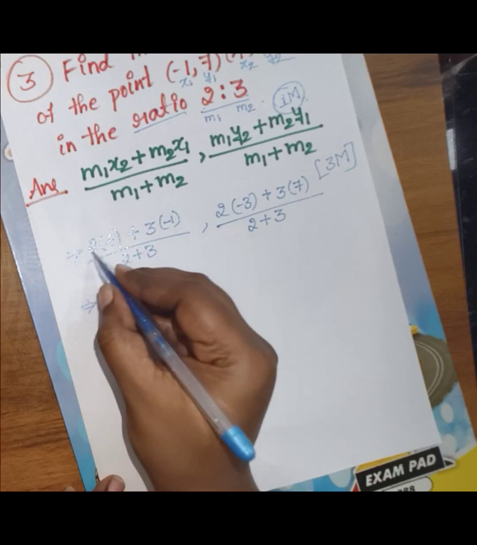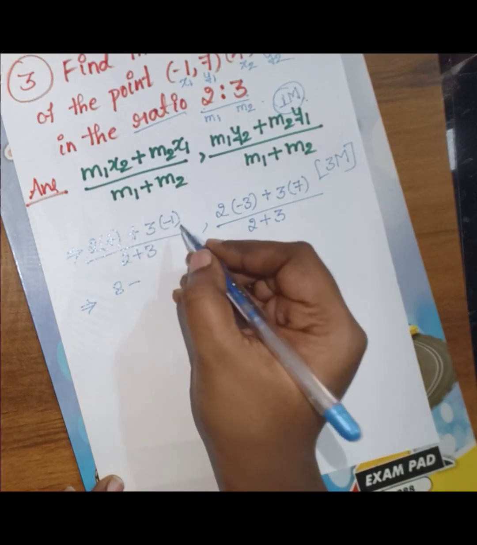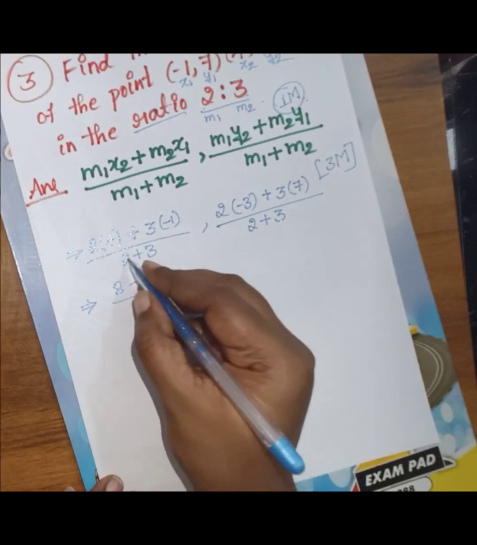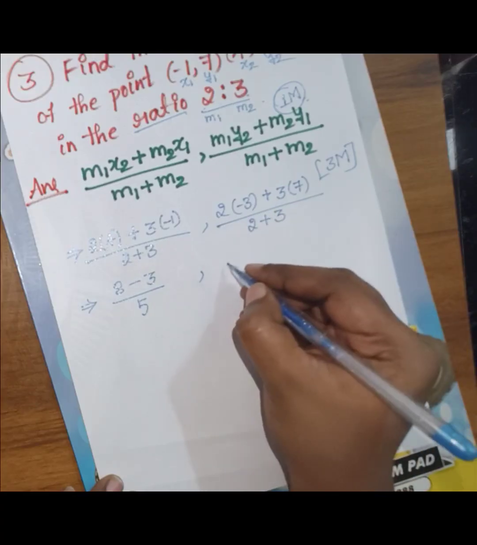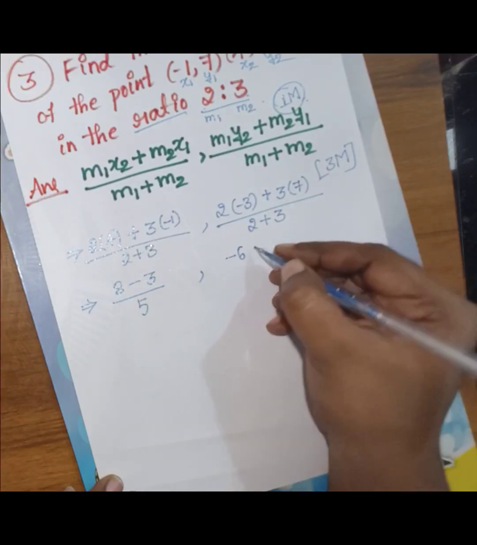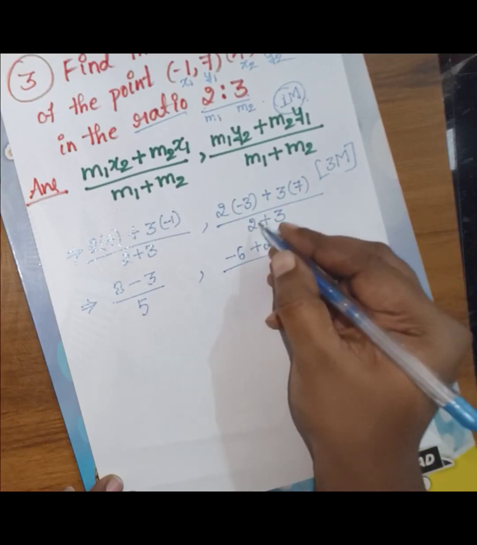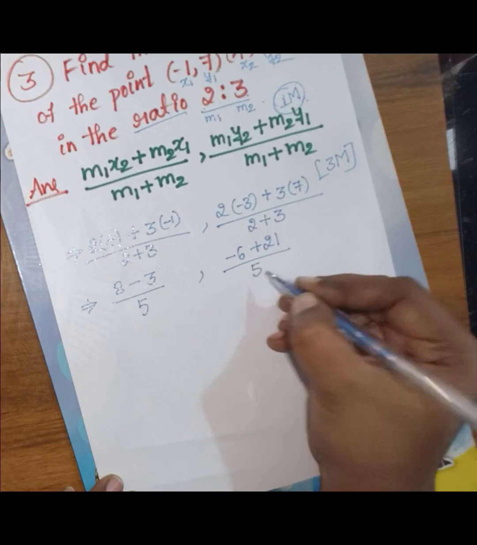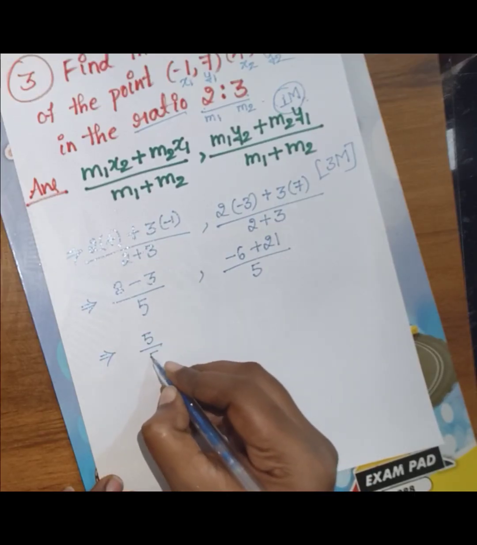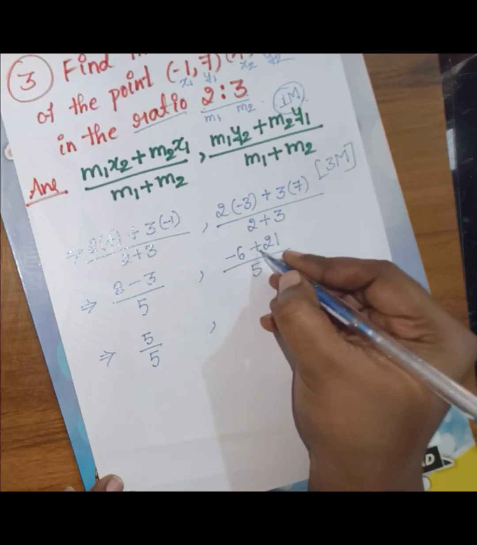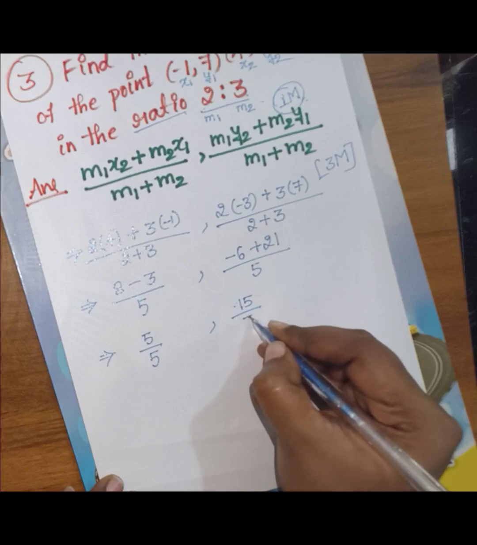Now 2 4s are 8, plus 3 into minus 1 is minus 3, by 2 plus 3 is 5. In the same way, 2 3s are 6, so minus 6, plus 3 7s are 21, by 2 plus 3 is 5. So 8 minus 3 is 5, by 5. Here minus 6 plus 21 is 15, by 5.